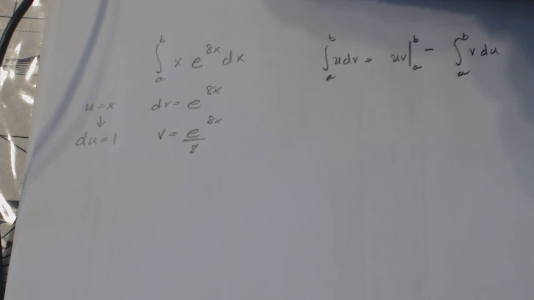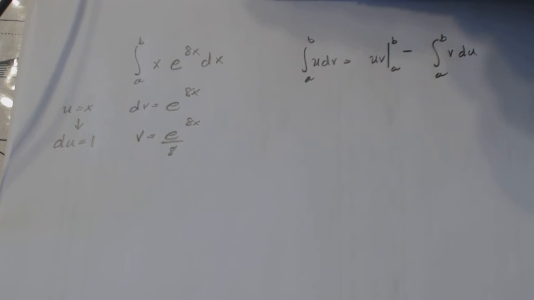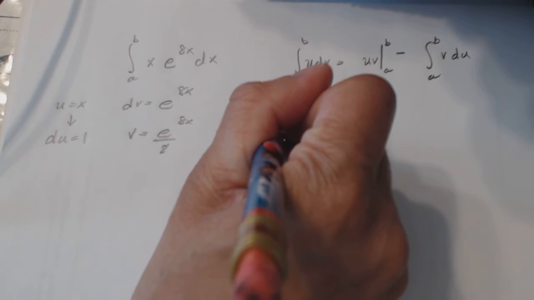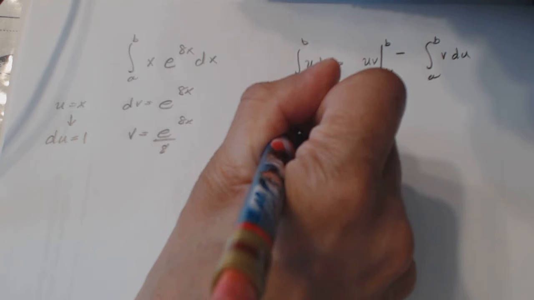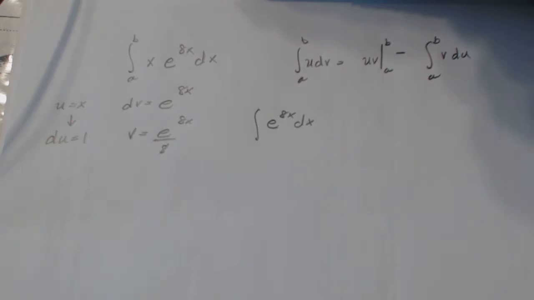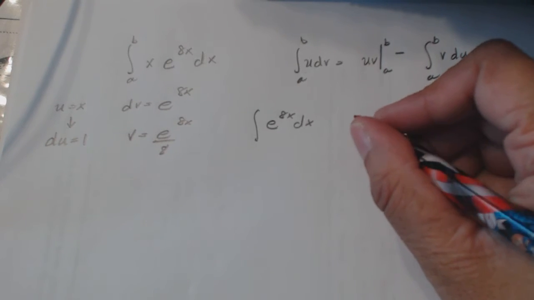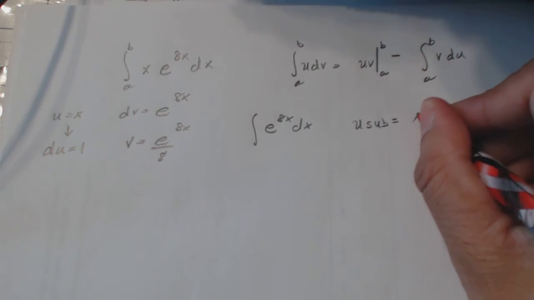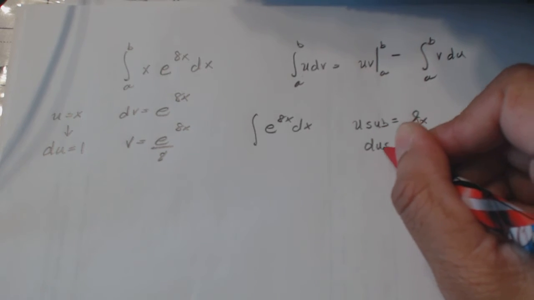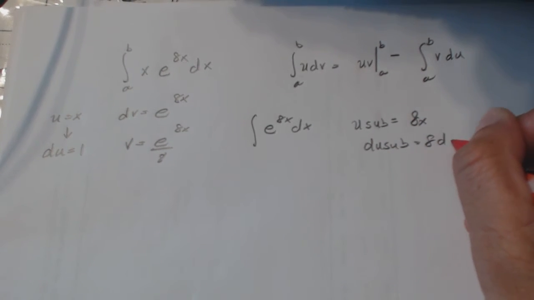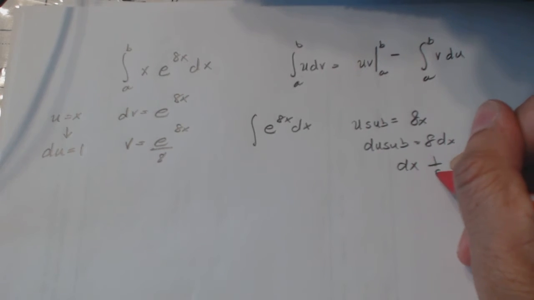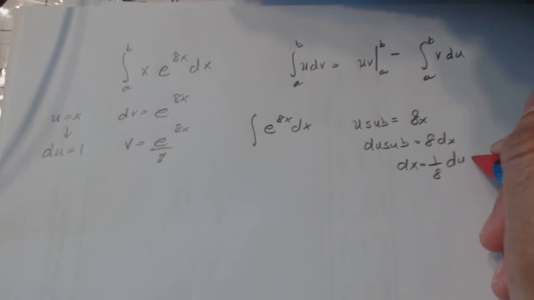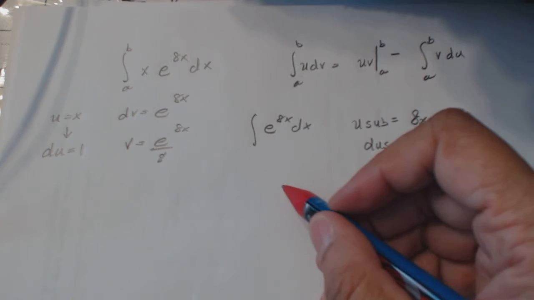Now, where would that come from? That comes from actually a substitution rule. And I'm going to do a little aside here to show you that. But like I said, when we do so many integrals, we really don't think about these things anymore. So the integral of e to the 8x dx, without my plus c, my u substitution, I'm going to put u sub here not to confuse it with anything else, is going to be 8x. du sub is going to be 8 dx. dx is 1/8 du sub, and I'm going to stick them all back in there.